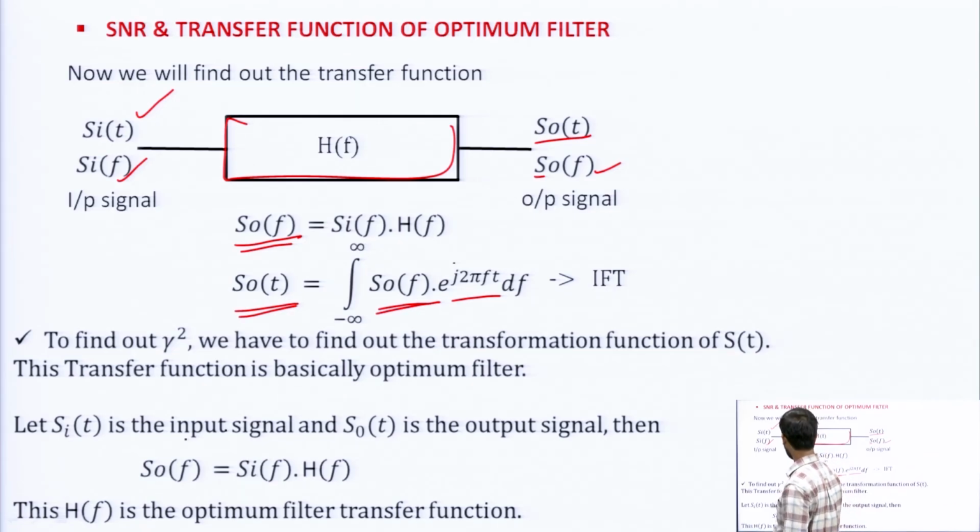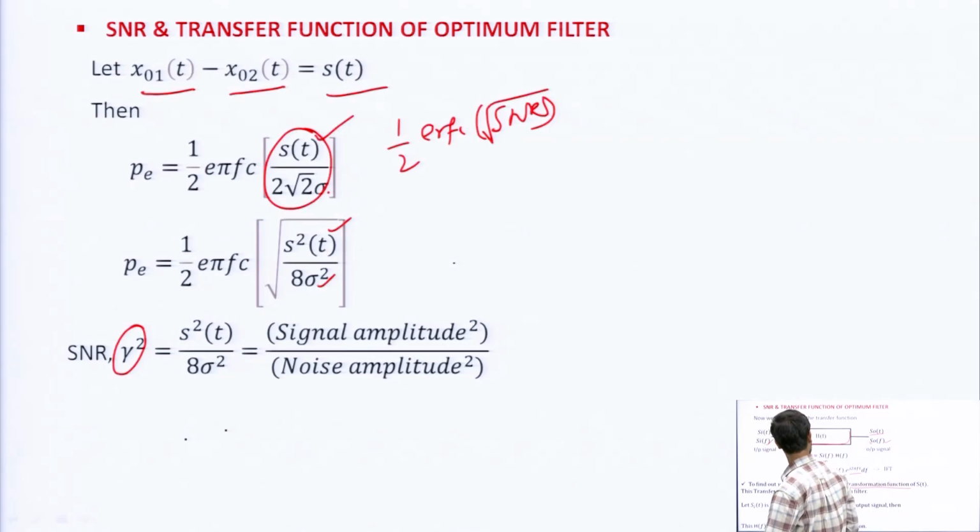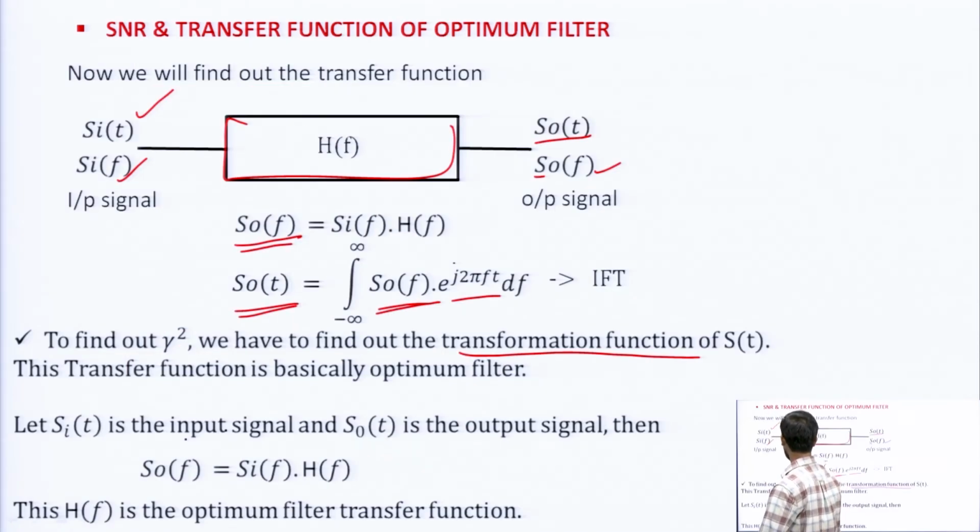To find the gamma square, we have to find the transform of s of t, because gamma square consists of s square of t. This transfer function is basically the optimum filter.